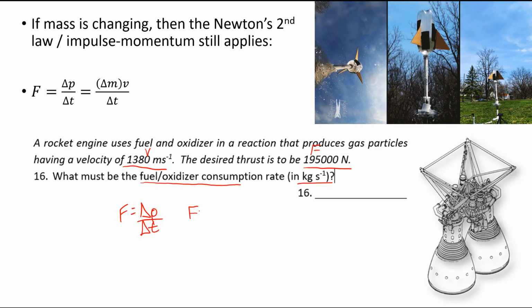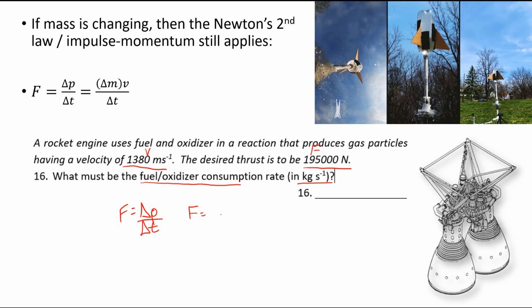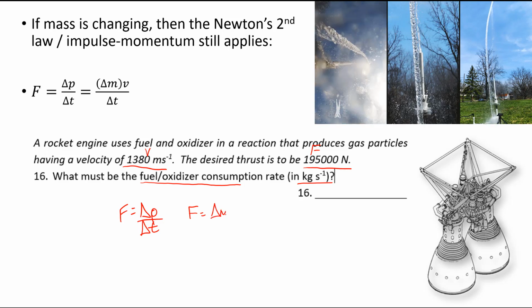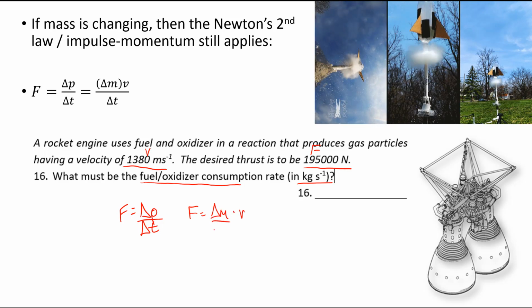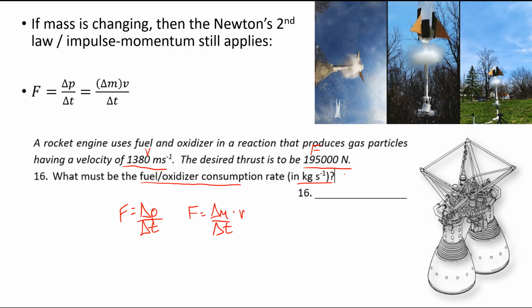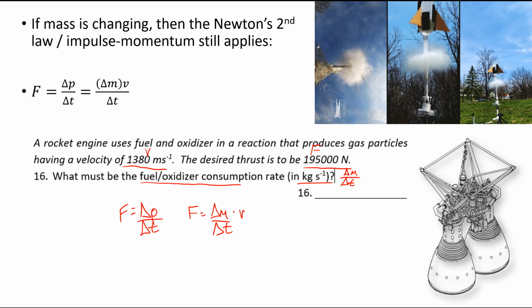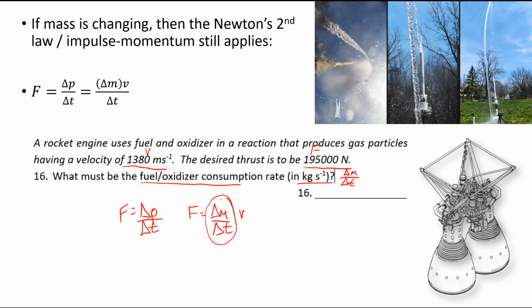So we could write force is equal to, as it's written above, delta M times V over delta T. Since we're looking for kilograms per second, that's delta M over delta T. So we can just solve this equation for delta M over delta T.